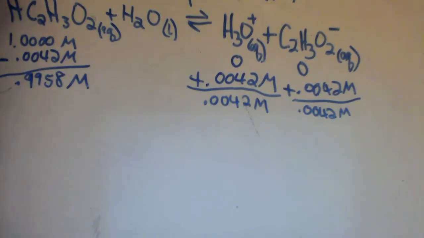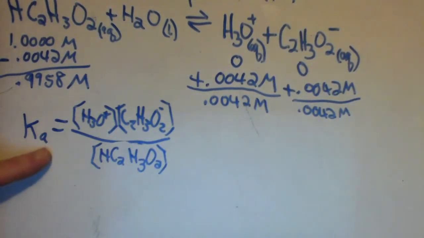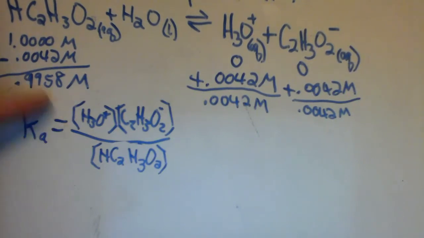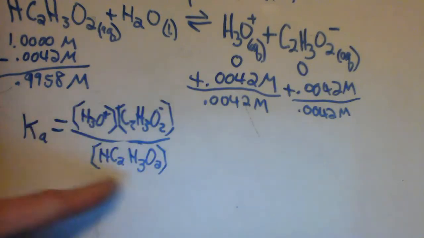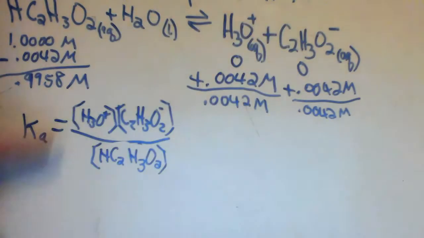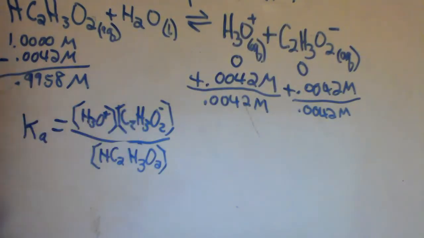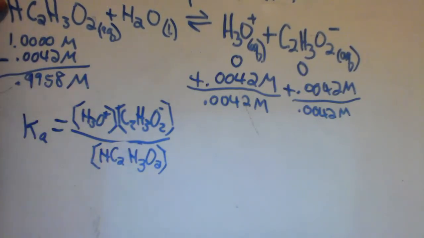Now the next step is to write the acid dissociation constant expression. The acid dissociation constant already includes the concentration of water, so we don't have to put water in as part of the expression. We have the concentrations of the two products, hydronium and acetate ions, and we have the concentration of the reactant on the bottom.